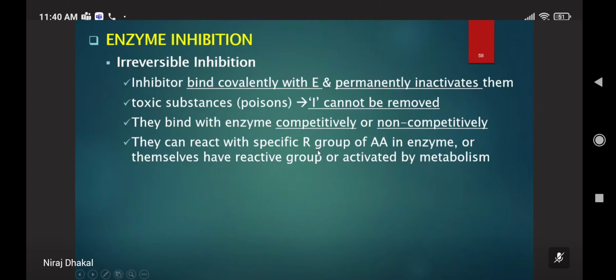These inhibitors can directly react with the amino acid, deactivating the enzyme, or they may contain a reactive group which can also affect the enzyme activity, or sometimes they need to be activated by metabolism. In their original form they are inactive, but when they are metabolized by the enzyme which they are inhibiting, they convert themselves into inhibitor. That is called metabolic activation.